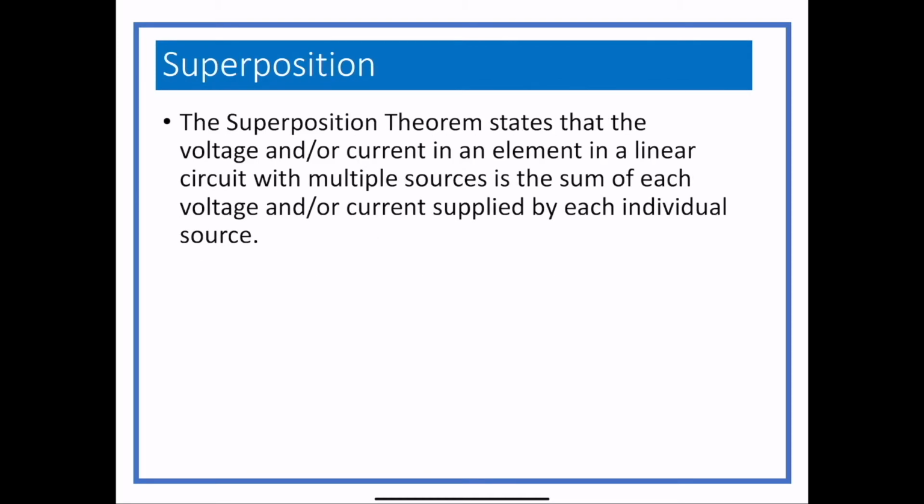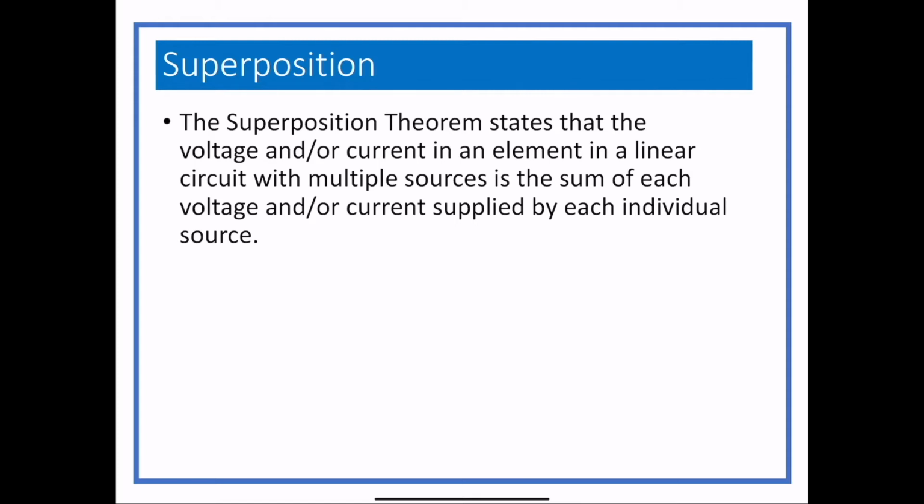So, superposition basically states that if you have a circuit with multiple inputs, voltage inputs, current inputs, whatever, that you can analyze the circuit for each particular independent source and then sum your results together and get the final value if you want the voltage or the current in a certain element.